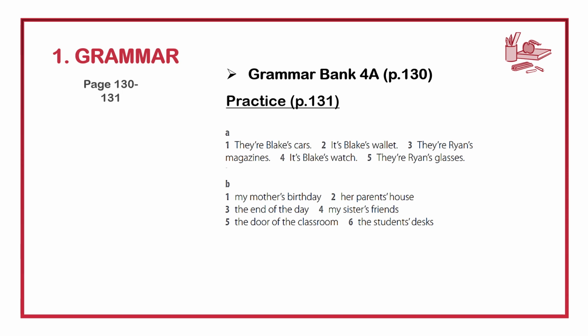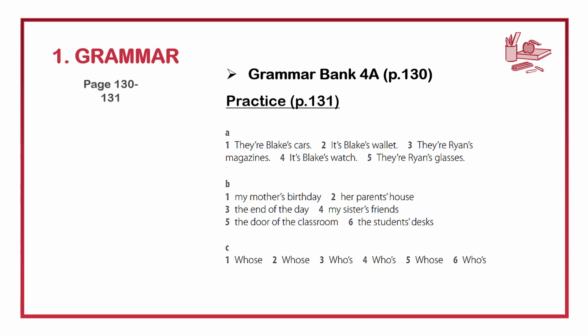Now go for part C and complete with whose, the question word for possession, or who's, which means who is. Do this in 2 minutes. Let's check now. Number 1, whose book is this? 2, whose phone is that?